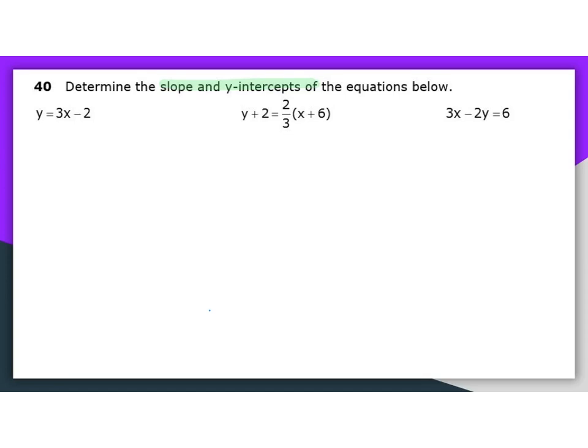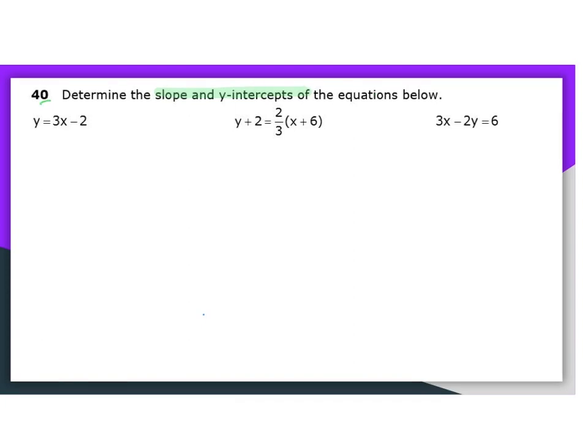The y is by itself, and we have our 3x minus 2, which is representing mx plus b. So this first equation is in slope-intercept form, so we don't need to do any work. We're just going to identify our slope is 3 and our y-intercept is negative 2.